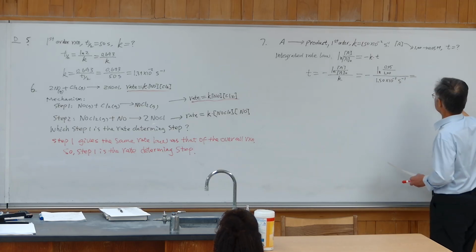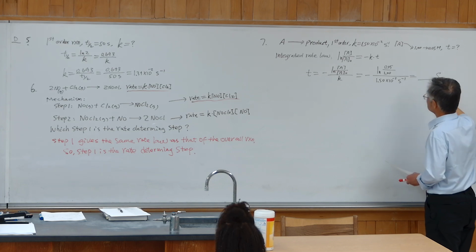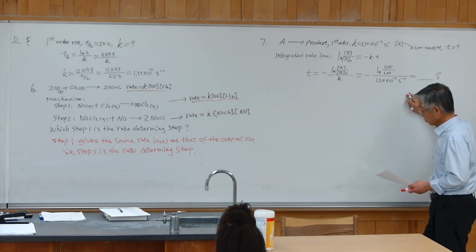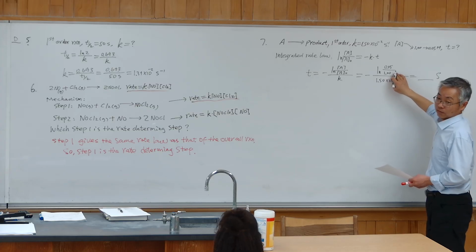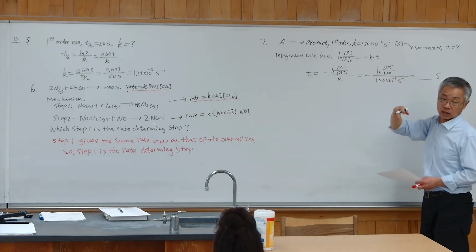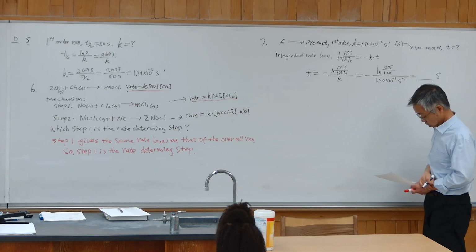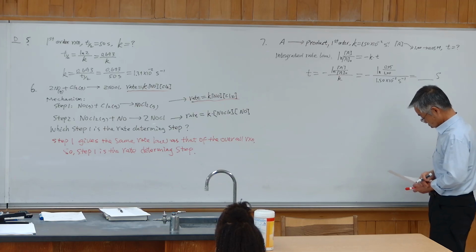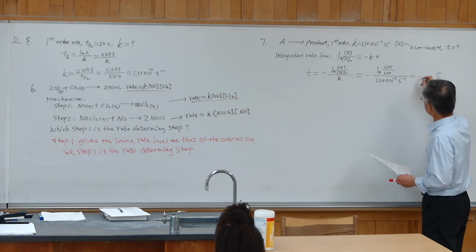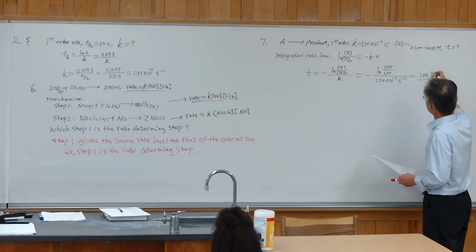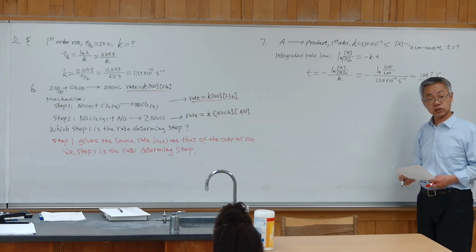This is the unit we want. Use your calculator. 0.05 divided by 1 is 0.05. Then use your calculator, log of 0.05, then divided by 1.5 times 10 to the negative 2 power. This gives you 199.7. If you report as 200, it's fine.